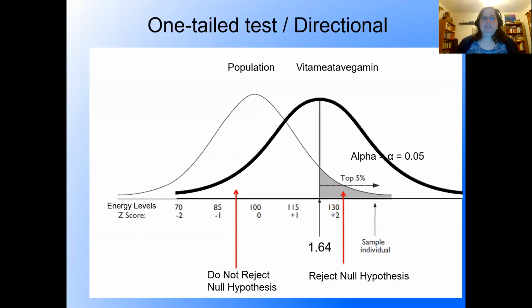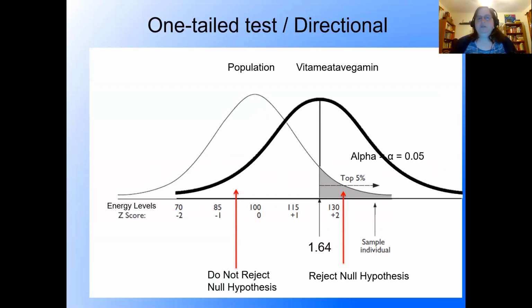All right. So there's a couple of other important pieces here. Again, here's our main population, and in the darker curve, here's our vitamin D regimen. We also introduced the term alpha here.